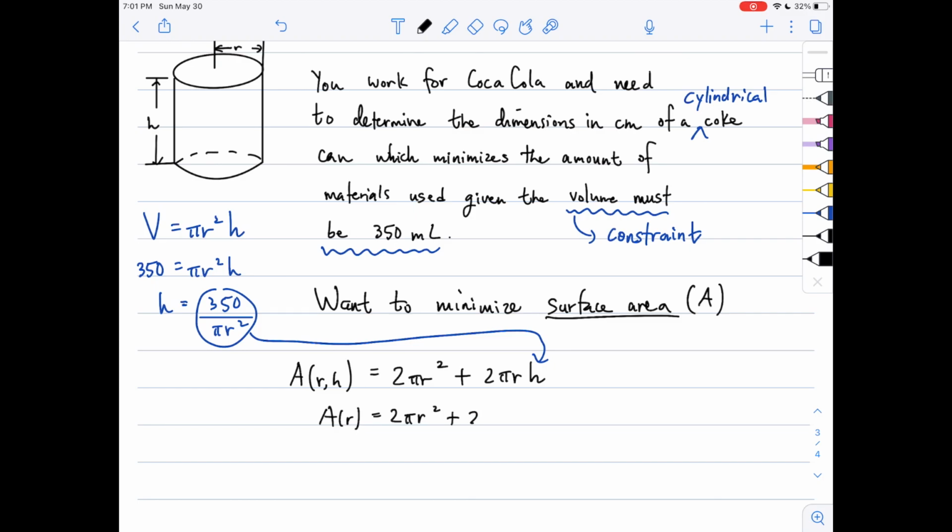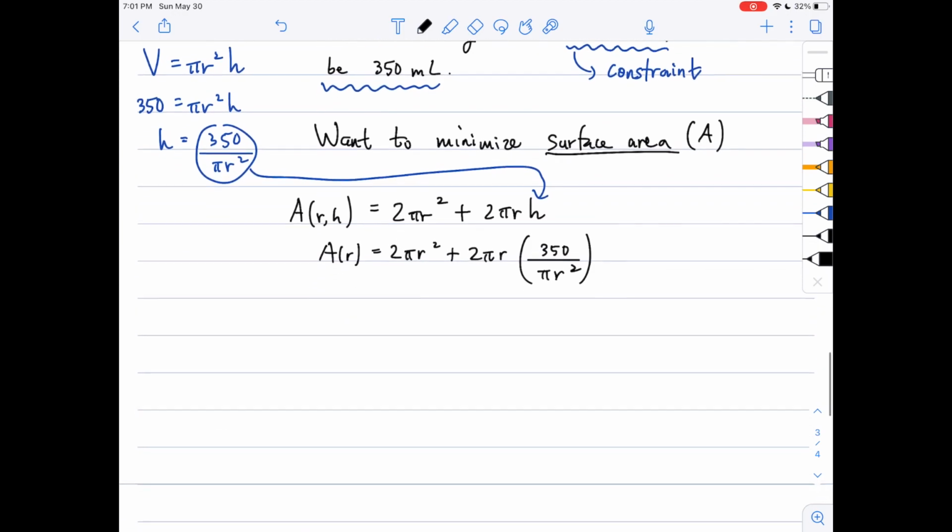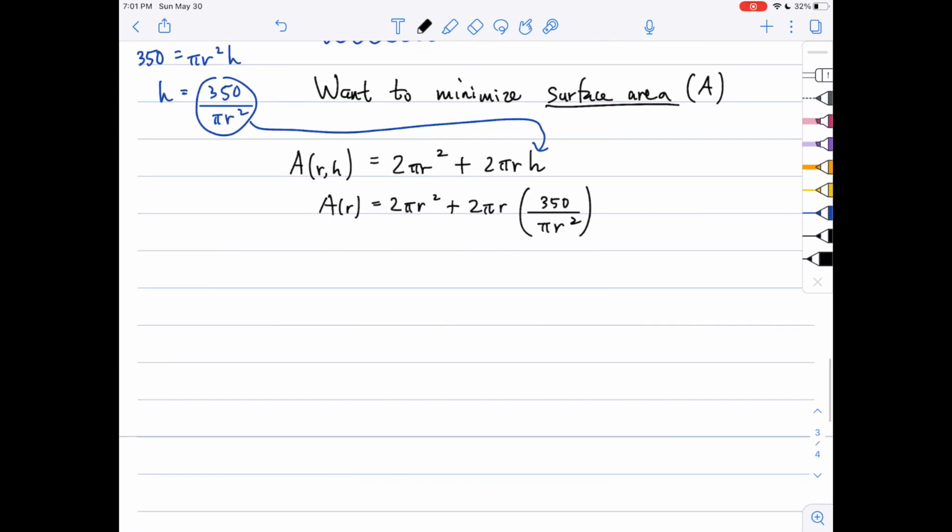So if we replace the h with its equivalent, 350 divided by pi r squared, now we have the surface area expressed only in terms of the radius. Now we're going to do some simplifications. Here the pi's cancel, and also one factor of the radius cancels.